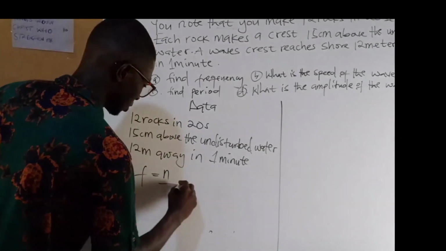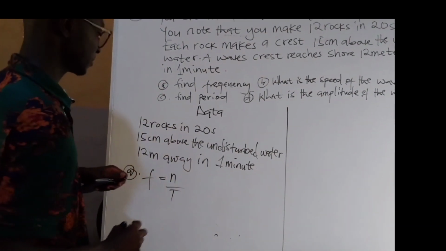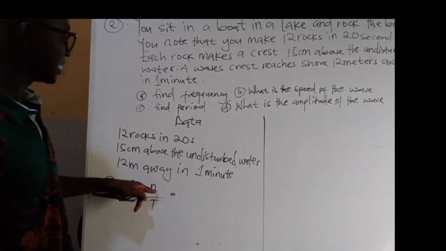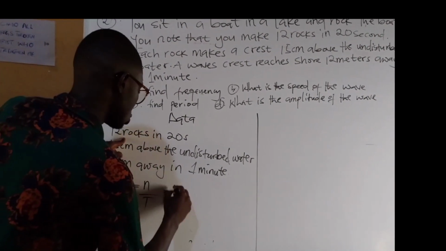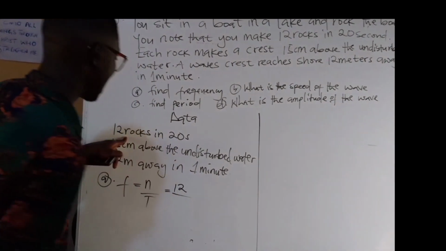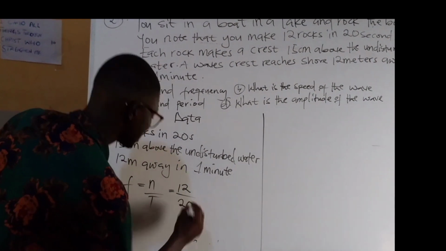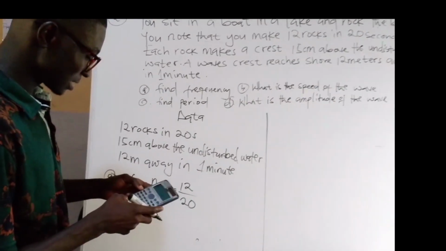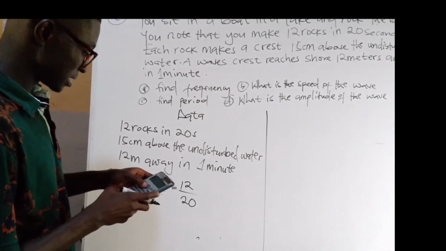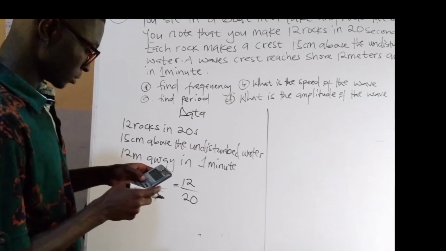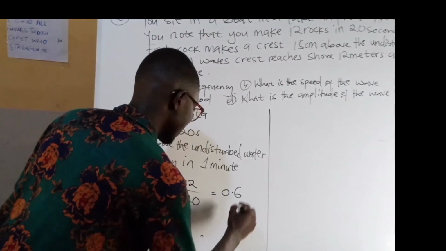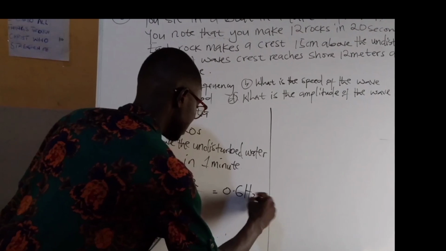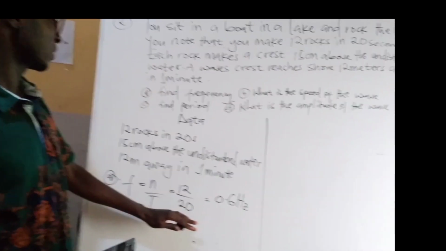We know that frequency is equal to the number of cycles completed within a specific time. How many oscillations were made? We made 12 rocks. So 12 divided by the time, which is 20 seconds. So quickly dividing that, 12 over 20, we are getting 0.6. So frequency is measured in what? Hertz. So we are done with the first aspect of the question.